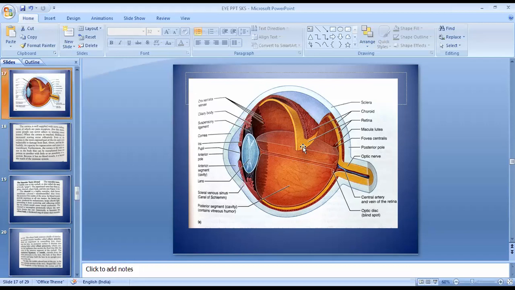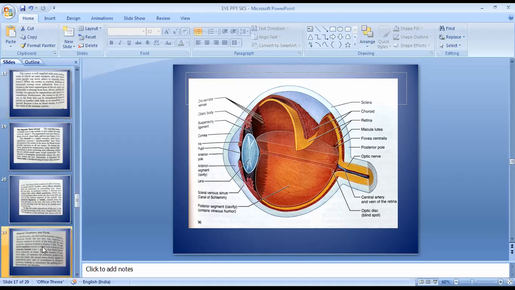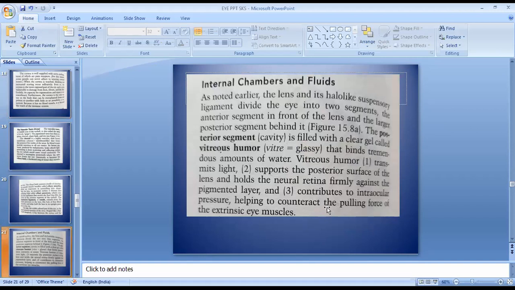This vitreous humor presses the retina. There is a pigmented cell layer between the choroid and the retina, which is part of the retina, and the vitreous humor holds the neural retina firmly against the pigmented layer.